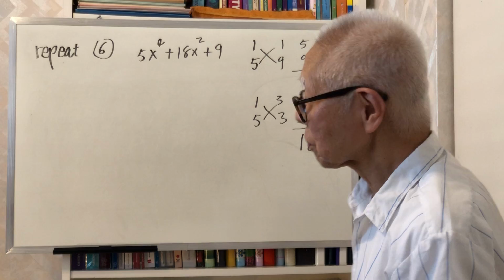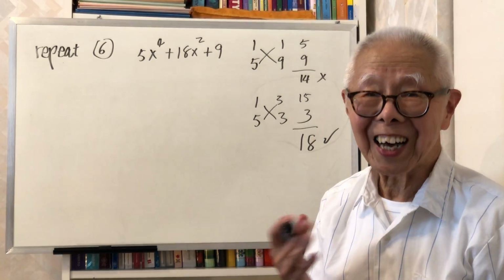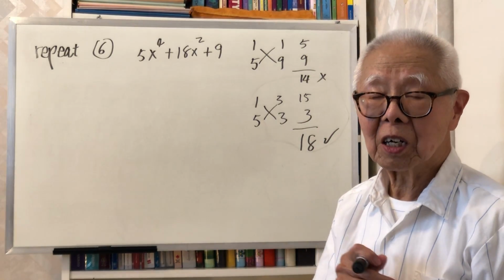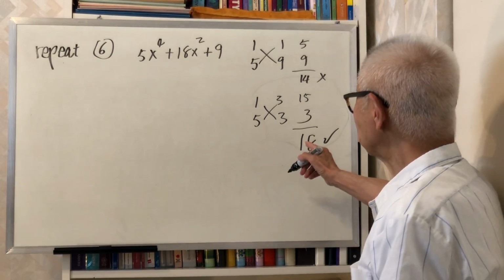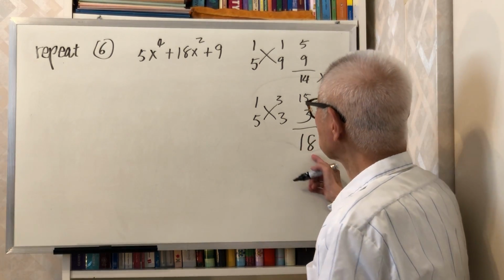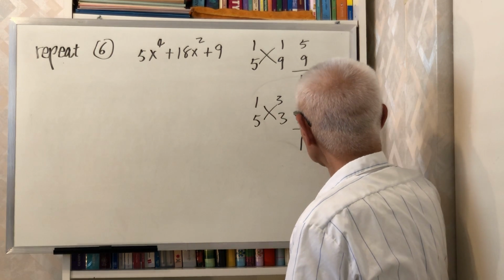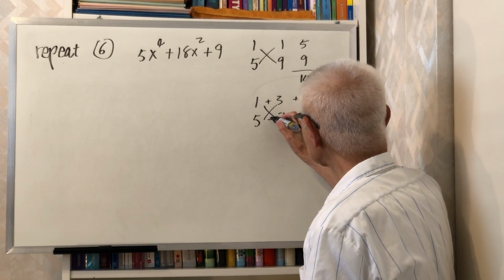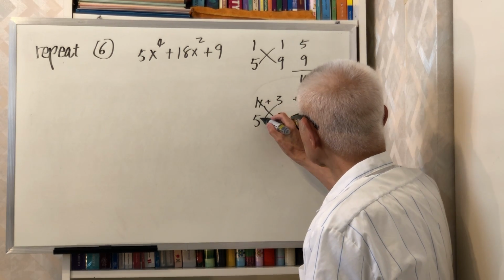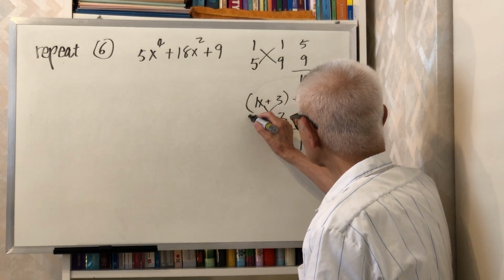So actually, sometimes by luck, you get the right answer in the first try. Okay, so I get 18 because everything is plus. So I have a plus here, and everywhere is plus. I put x here, and put brackets.